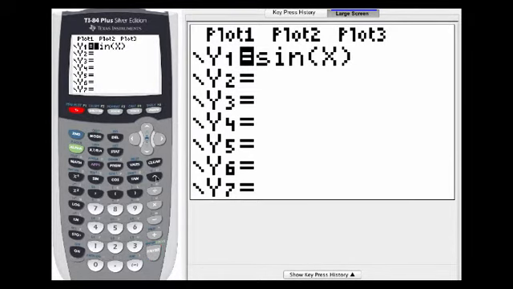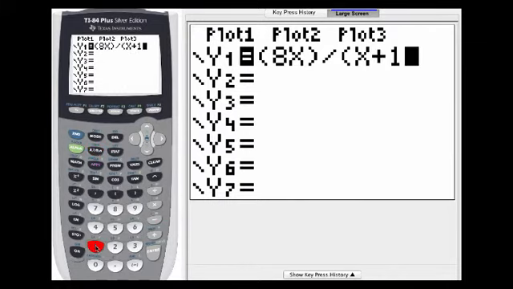All right, so if you go under y equals, we want 8x. Don't forget your parentheses, be mindful of those. Divided by x plus 1. And let me set up the window for you.